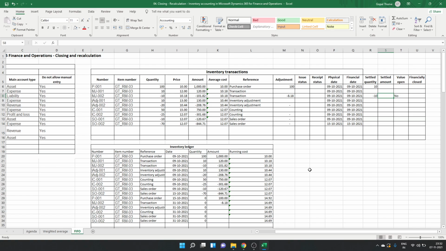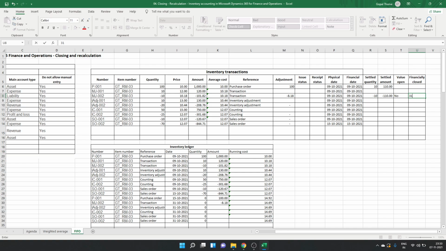The settled amount is this amount plus this amount, 110. Here also, right now after this transaction, the settled amount is 110.